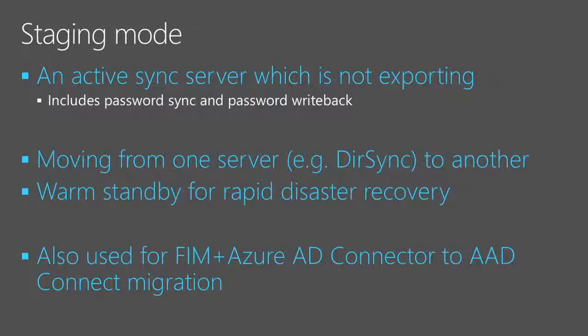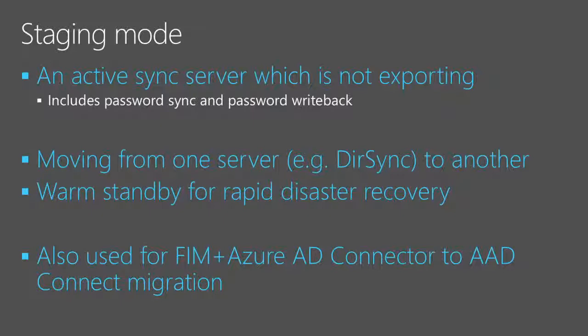There's another reason, and it is warm standby. I'm really concerned about being down for a while. In this case, I can have a server in staging mode in a different data center with its own database. And it's always doing the import and synchronization. It's always up to speed. But in case of disaster recovery, I just launch the wizard on my second box.